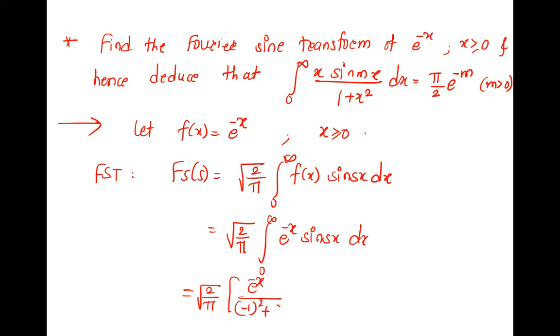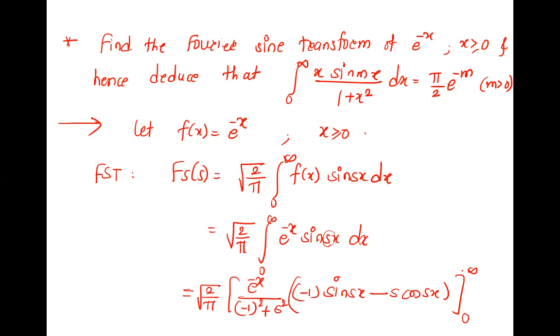Since it is with respect to x, s is constant and it is your b. Then into a sine bx, minus b cos bx, that is a is minus 1 into sine sx, minus s cos sx, from 0 to infinity.